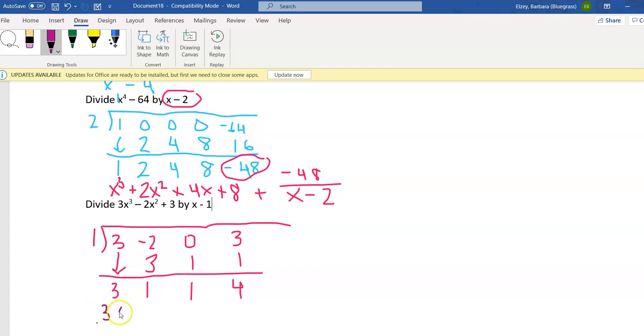So we'll have 3x squared. This will be our x place, so 1x, or just x. And then there's the constant 1. And now for our remainder, we take our 4 and put it over the divisor, x minus 1. And there is our division problem.